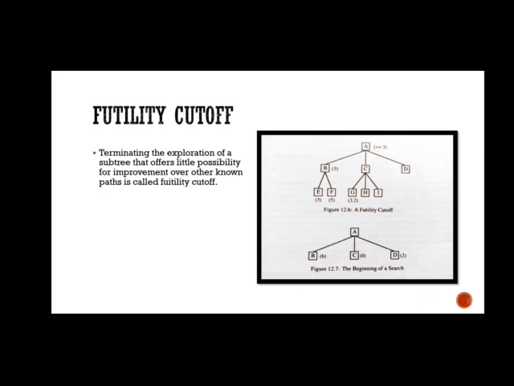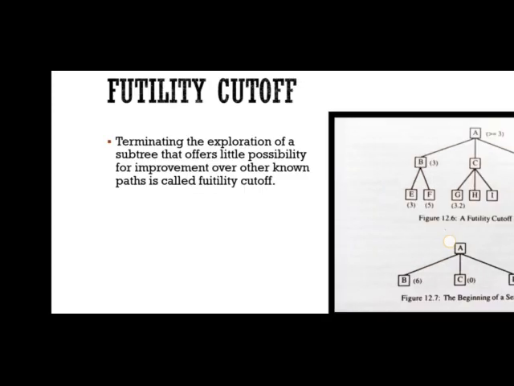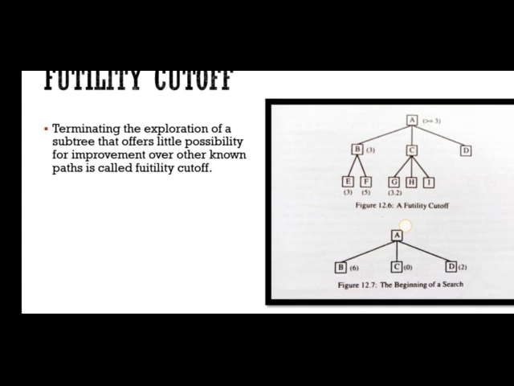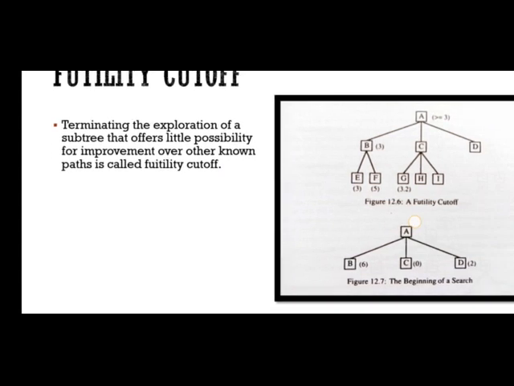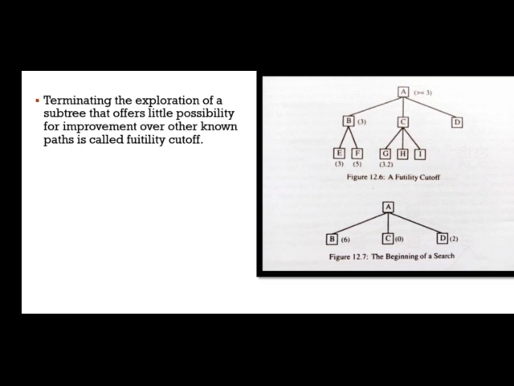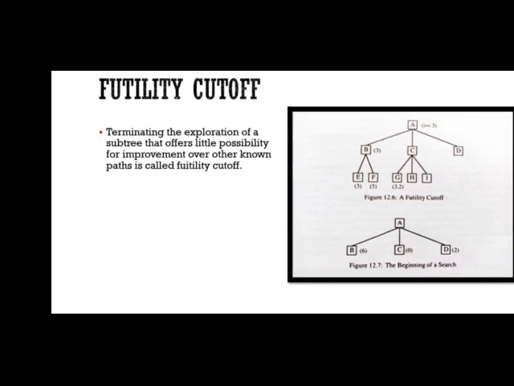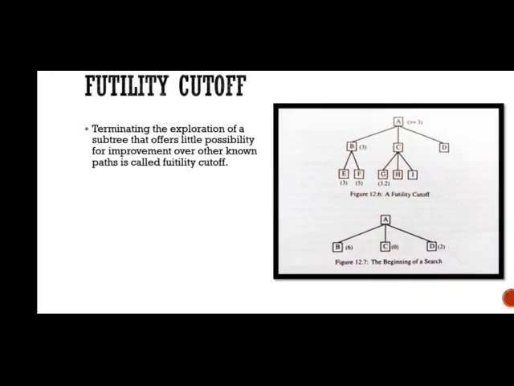Terminating the exploration of a subtree that offers little possibility for improvement over the other known paths is called futility cutoff. So here is an example clearly about a futility cutoff, which terminates the exploration of the subtree that does not provide a better improvement to our output or the resulting path.